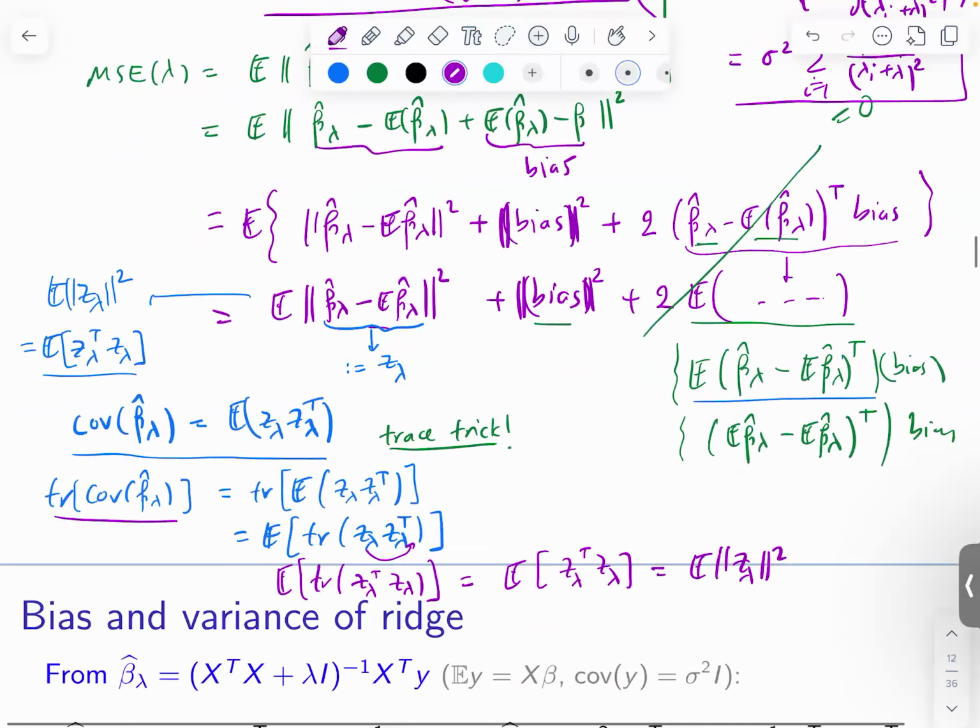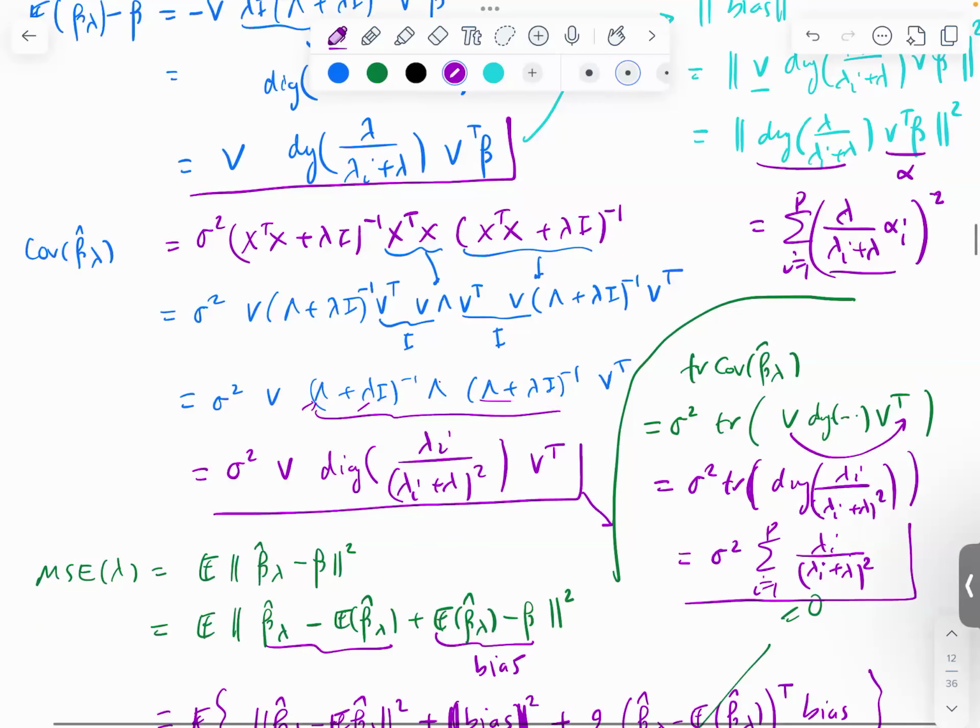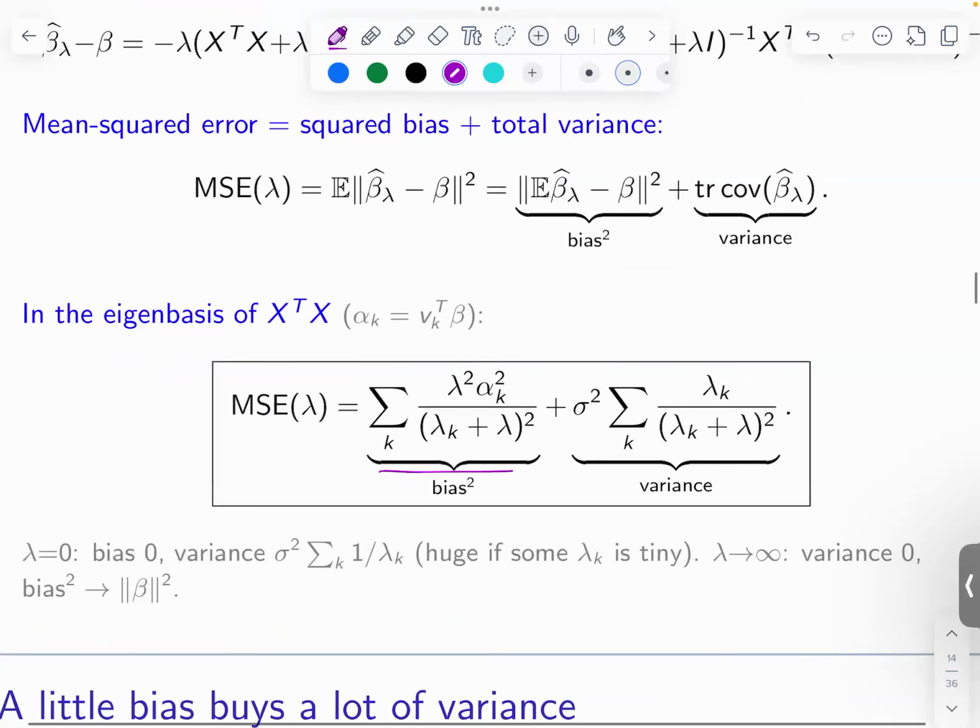If you check, the bias is alpha I squared lambda squared divided by lambda I plus lambda, squared, and the other one is the variance. I'm using K here, but the index doesn't matter. You can rename it. And what happens is that at lambda equal to 0, you can see the bias is 0. Any question?